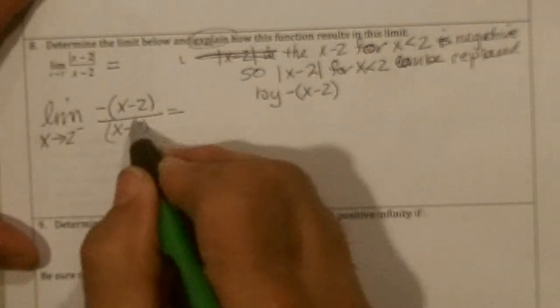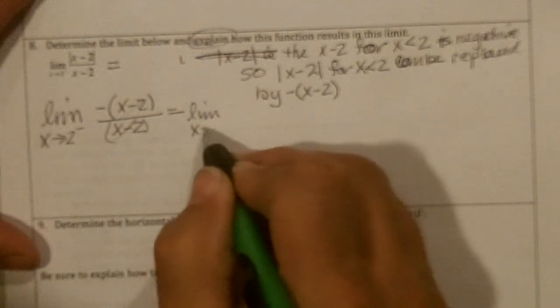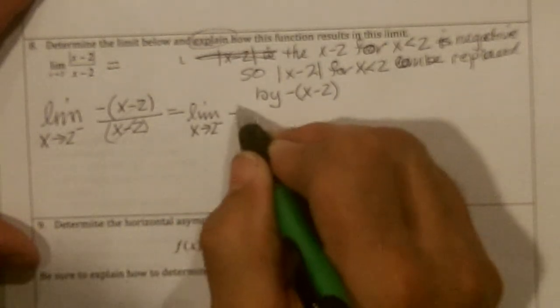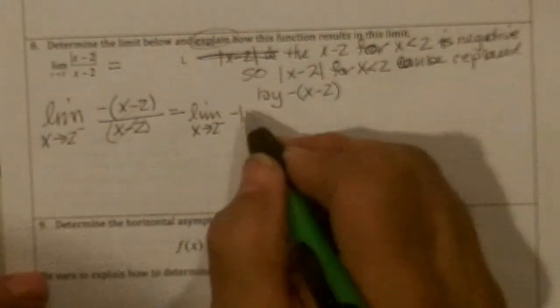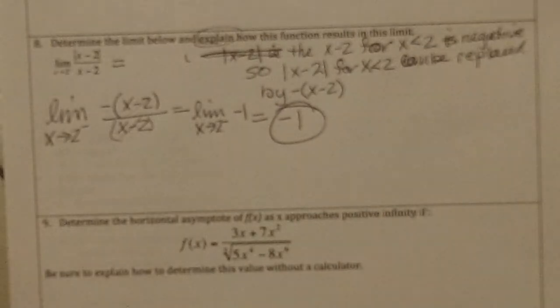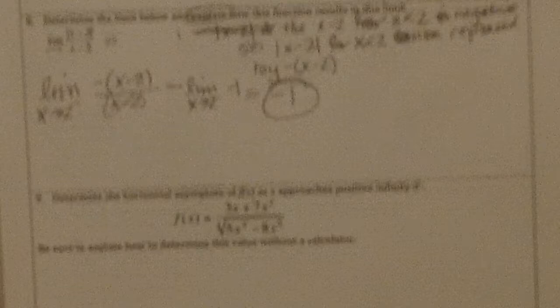Which then, these two cancel and it becomes the limit as x approaches 2 from the negative side of negative 1. And that limit is negative 1.